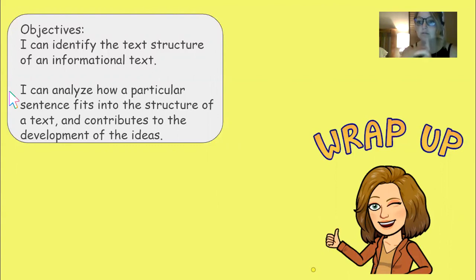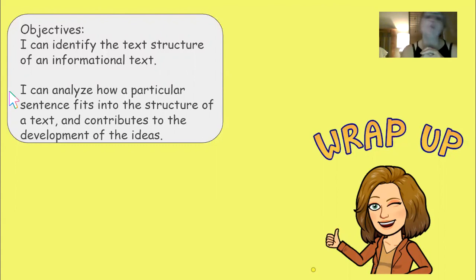We wrote our problem and solution piece. We know what parts have to be in that problem and solution, and we know what kind of words to use if we're going to write a recipe, right? That's our sequence. That's going to be those words like first, then, next, finally. So that is analyzing how a particular sentence fits into the structure of the text.